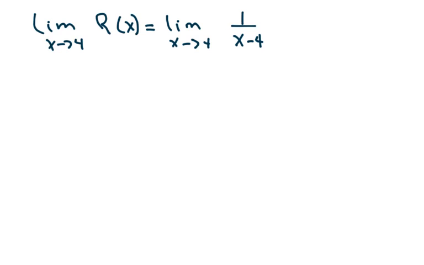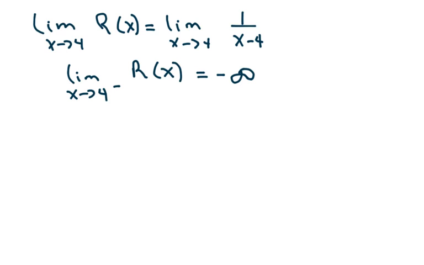So basically we're looking at the limit as x approaches 4 from the left, all numbers smaller than 4, so 3, 2, 1. When you plug that into R of x, you're going to get negative infinity, because it gets smaller and smaller and smaller. It's going to go negative.